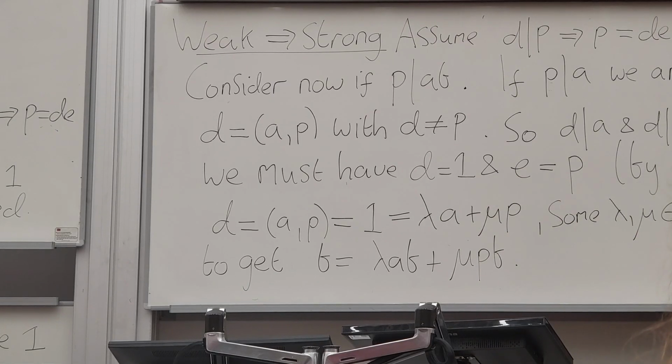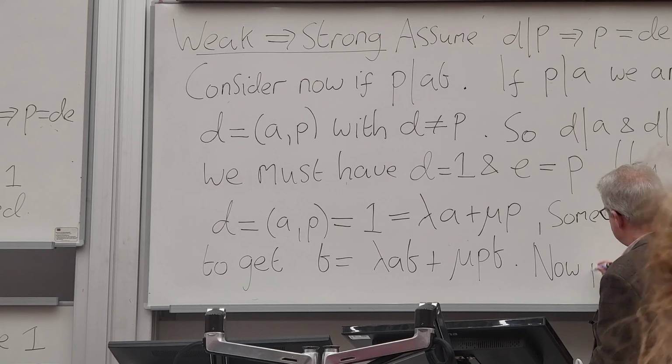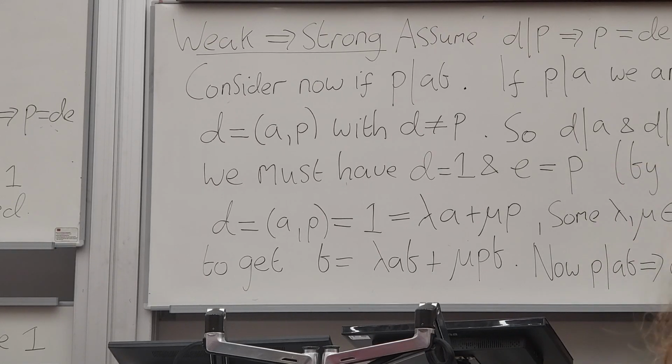Okay, so we're nearly there. The first statement of the strong definition says if P divides AB, that means AB equals PU for some U.